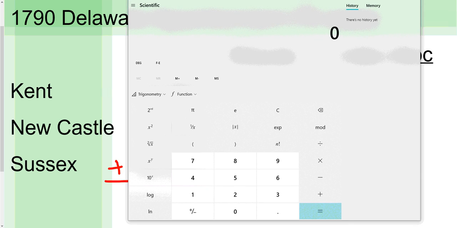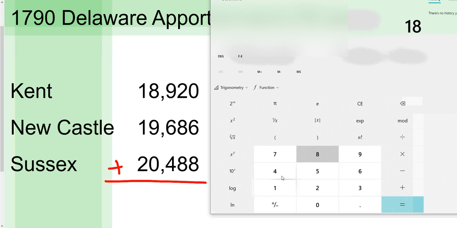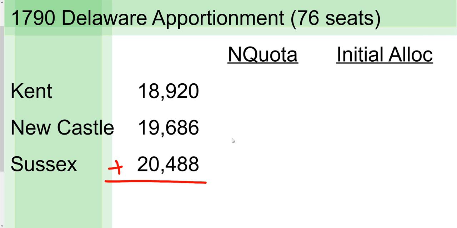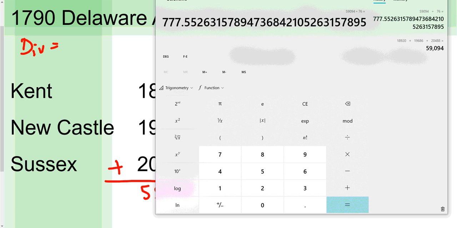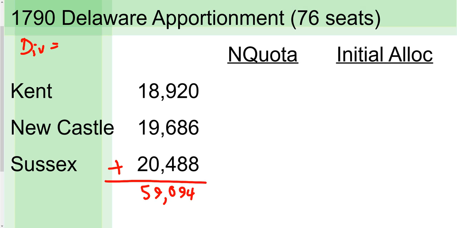Although I'm guessing you can't see the calculator, 18,920 plus 19,686 plus 20,488 is 59,094. So this is the total. Okay, the next thing we're going to do is divide by 76, and that will give us our divisor. So if I divide it by 76, I get 777.552.